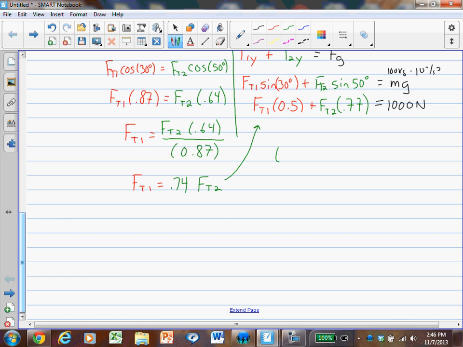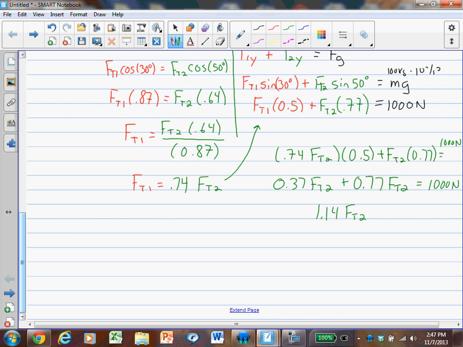So 0.74 Ft2 times 0.5 plus Ft2 times 0.77 equals 1,000 newtons. 0.5 times 0.74 is 0.37 Ft2, plus 0.77 Ft2 equals 1,000 newtons.